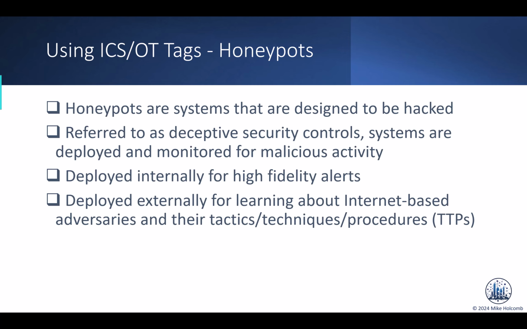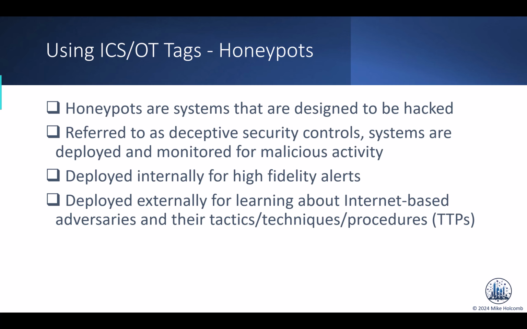If you deploy a honeypot internally, then if somebody hits your honeypot, somebody's in your network doing something that they're not supposed to. Now, it could be somebody that just discovered there's a tool called Nmap and they can do a port scan of your internal network, and they decide to run it not knowing better, especially in control system environments. The idea, though, is that with a honeypot internally, you give it an IP address that should never be connected to.